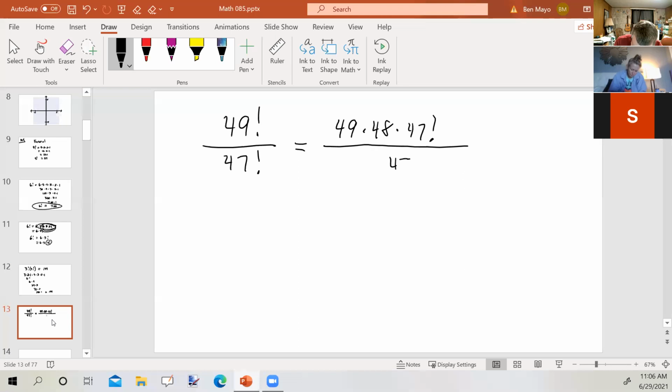And in the denominator, I've got 47 factorial. Well, 47 factorial over 47 factorial is going to reduce down. So now all I've got to do is take 49 times 48, which is 2,352. So all I really had to multiply was those two numbers. Are you okay with this? Any questions there?